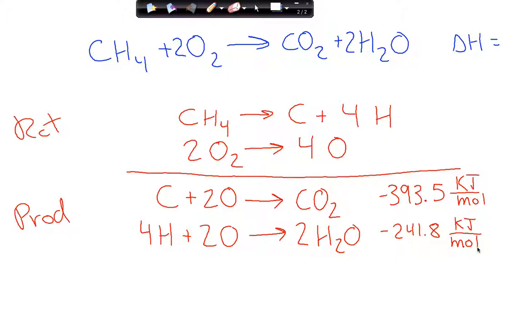But if we do that, what do we have to do to the sign? Change the sign. So, guys, let's find methane. So CH4, negative 74.8. Is that right? Negative 74.8 kilojoules per mole. Guys, don't change the sign yet.